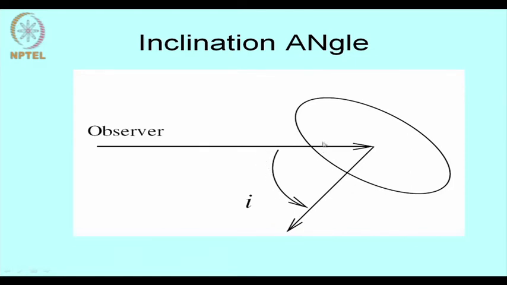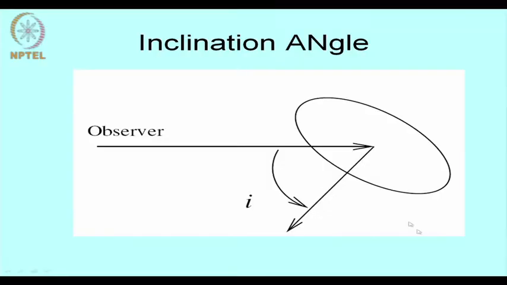If you have an inclination angle of 0, it essentially means that you are seeing the orbit face on. So, the binary system is like this, the star is going around like this and you are seeing it face on. Whereas, if the inclination angle is 90, you are seeing the orbit edge on.